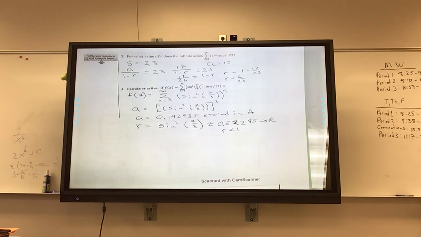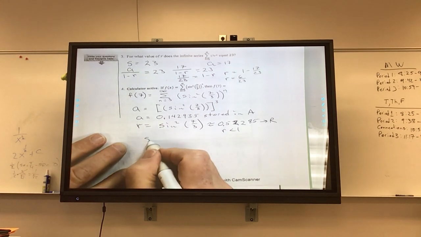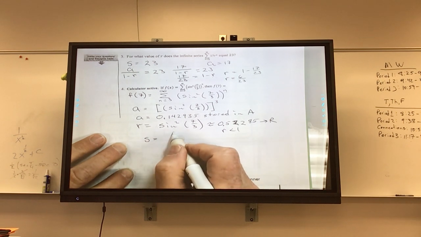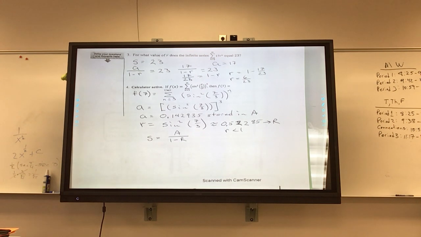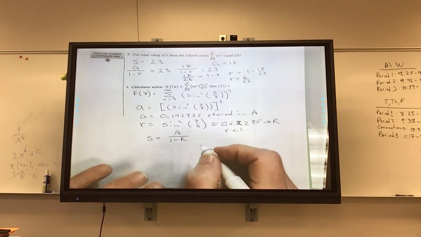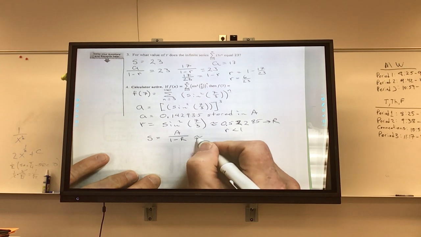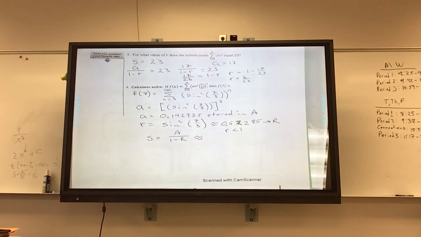I used R because I wanted to keep it in the same form. So then S is going to be A over 1 minus R. And this is where you can approximate the answer that you end up getting.